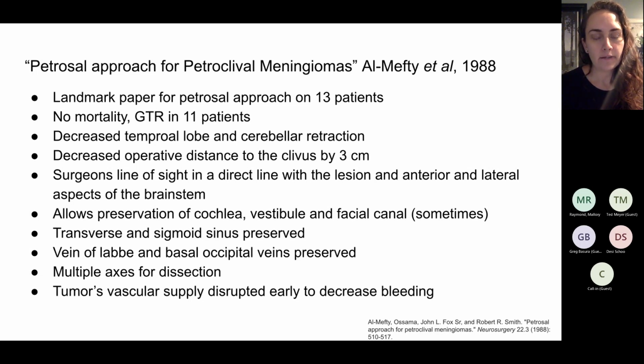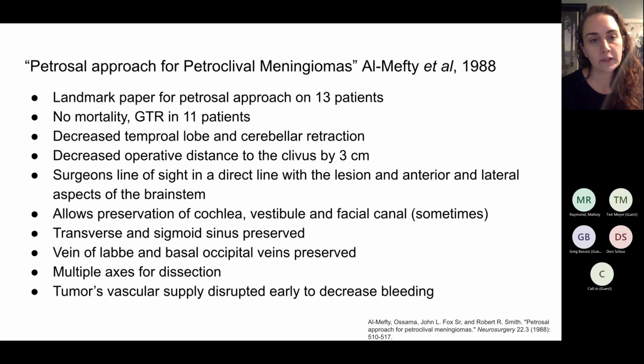He described the benefits of this approach to be decreased temporal lobe retraction and cerebellar retraction, decreased operative distance to the clivus by 3 centimeters, and the surgeon's line of sight to be in a direct line with the lesion, as well as the anterior and lateral aspects of the brainstem.